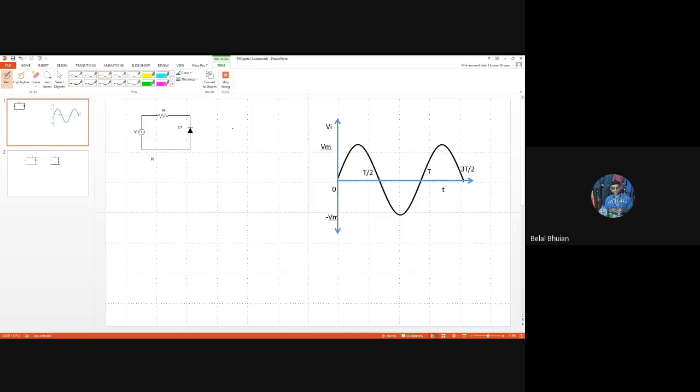So probably you have already mentioned, and if I haven't mentioned it, the diode orientation could be in two directions. Either it could be in the clockwise direction, like this one, with respect to the position of the input signal.